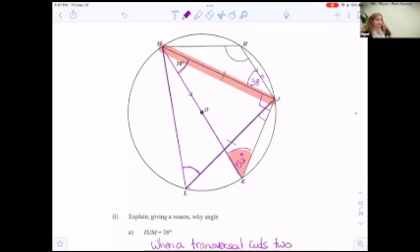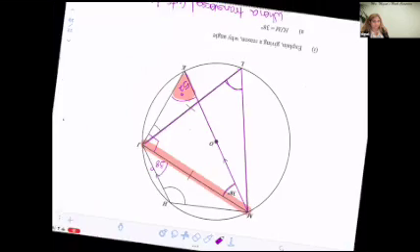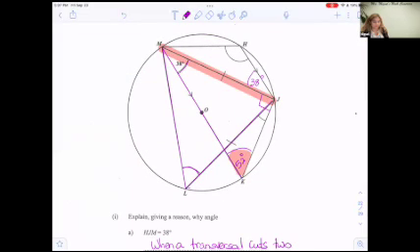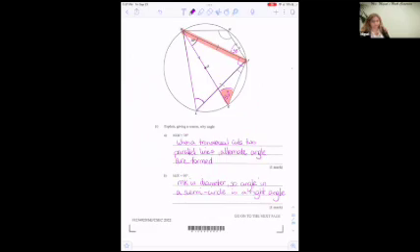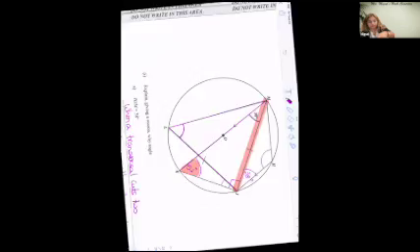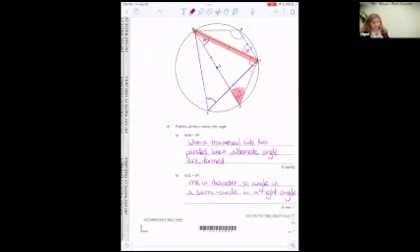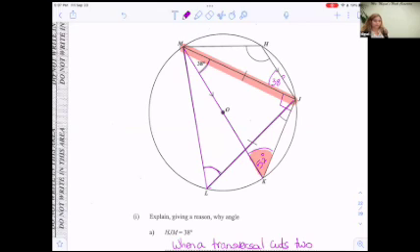How much is it? I'm going to turn it upside down. You see the angles are in the same segment. How much is this one at X?